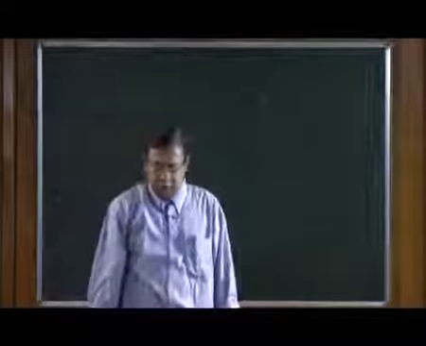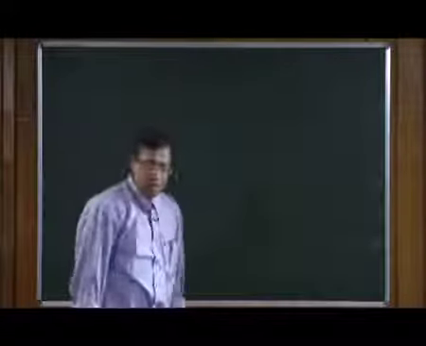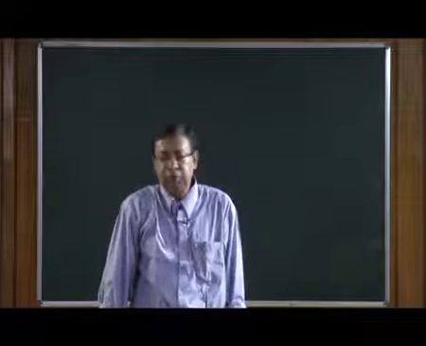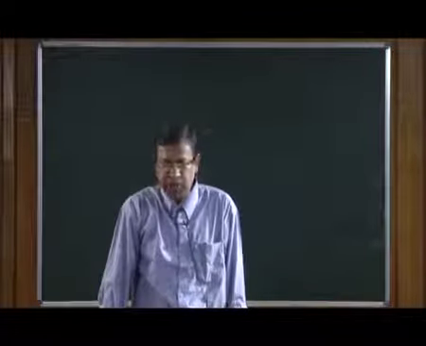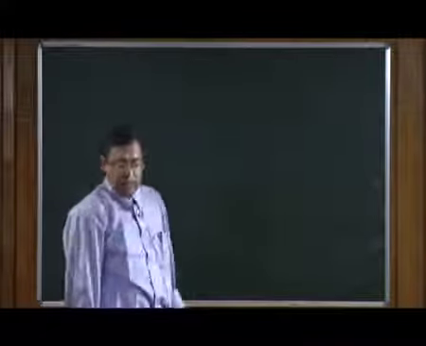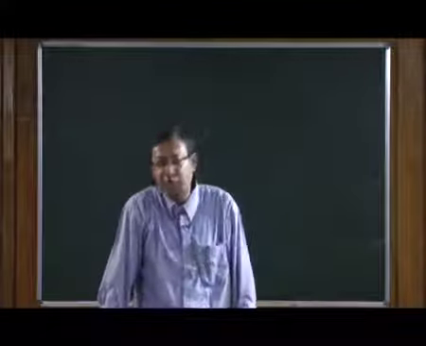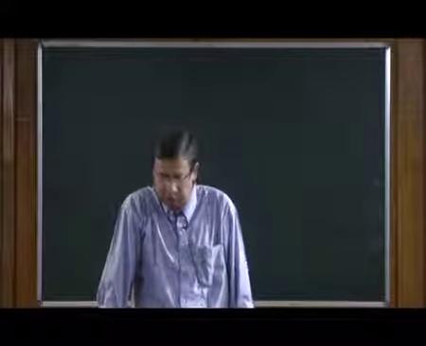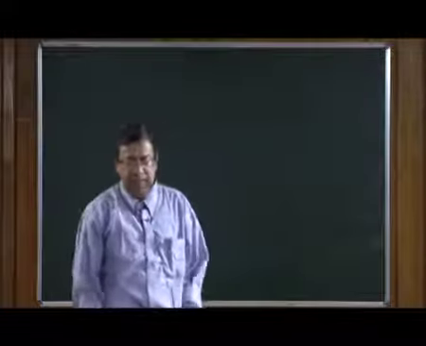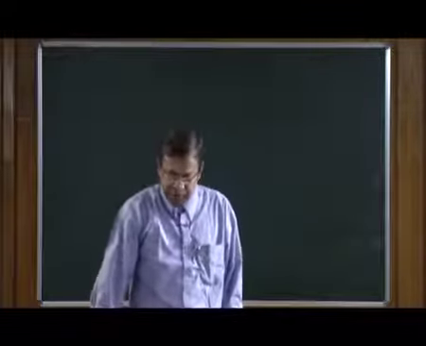So long we have talked about either compression of an object or extension of an object along one dimension or along one direction, so to say. Now, we can consider a different kind of deformation of an object, other than this simple extension or compression.